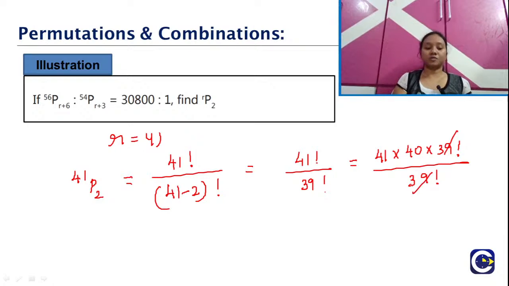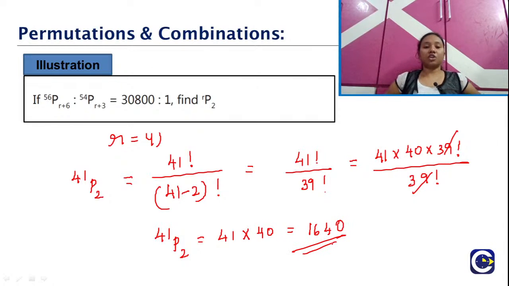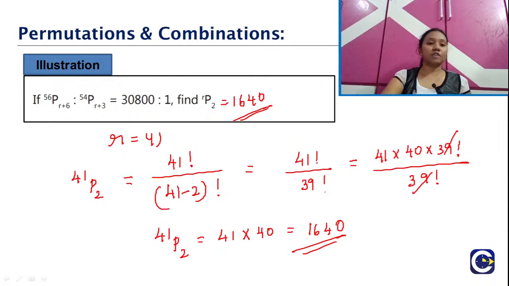So these both terms will be getting cancelled, and the value for 41p2 will be equal to 41 into 40. So it will be 1640. So the answer, the value of rp2 here will be equal to 1640. So this is how we'll simplify this using the properties of our factorial, which we have learned in our previous session, that is our first session of permutations and combinations.